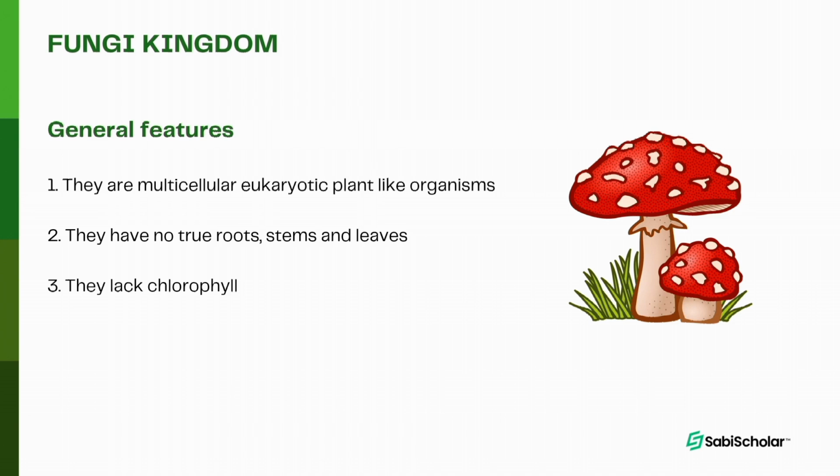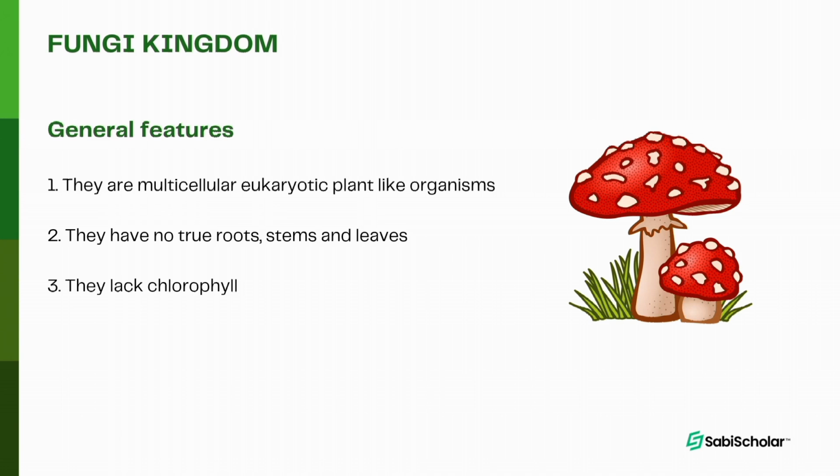Now, a recap of what this means is that the fungi kingdom, being multicellular, is made up of more than one cell, and being eukaryotic, it means that it has a definite cell structure and a defined nucleus. The next feature of the fungi kingdom is that they have no true roots, stems, and leaves. And number 3, they lack chlorophyll.